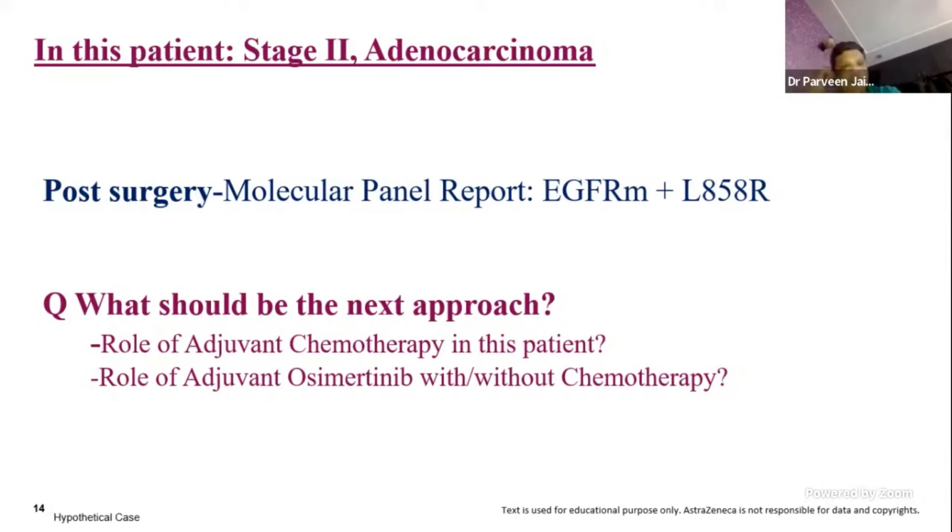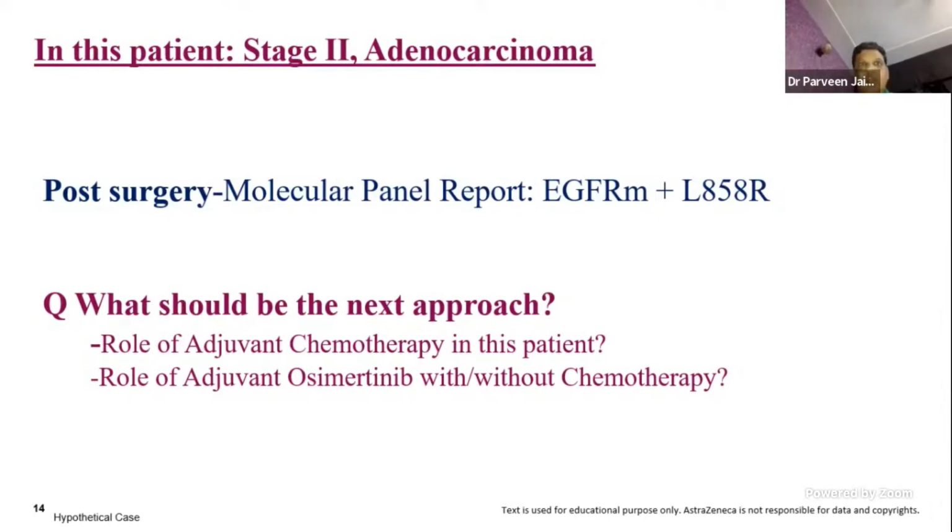So chemotherapy was not received in the experimental arm. Here, the benefit of osimertinib was seen in both groups, whether the patient has received chemotherapy or no chemotherapy. So Priyanshu, what is your take on the discordance of these trial results?